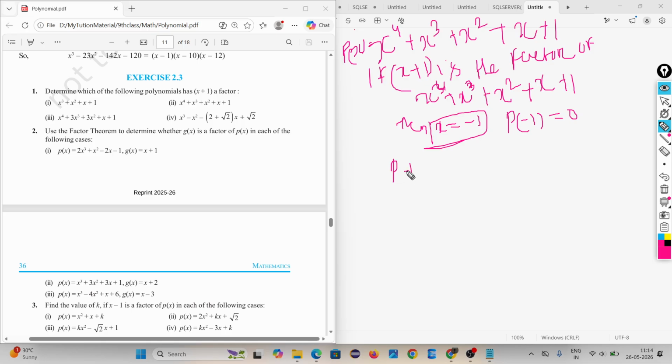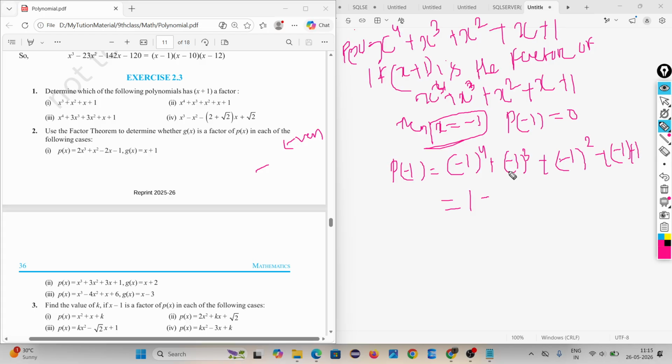So p of minus 1 equals minus 1 raised to the power 4 plus minus 1 raised to the power 3 plus minus 1 square plus minus 1 plus 1. Remember, if a negative number is multiplied an even number of times, you will get positive.